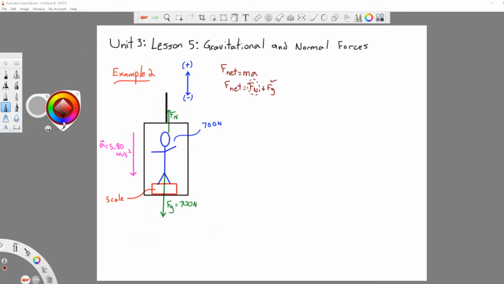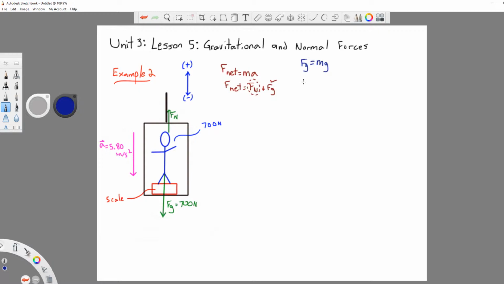What color should I do this in? Why not blue? Okay, well, we have our force of gravity formula, right? Force of gravity, which is weight, is equal to m little g. We know what little g is. It's constant here on Earth, and we're assuming that this is probably happening on Earth. As far as I know, it's the only place elevators exist.